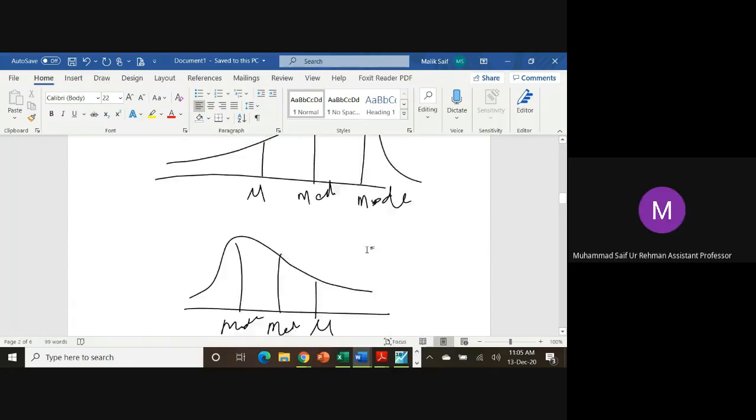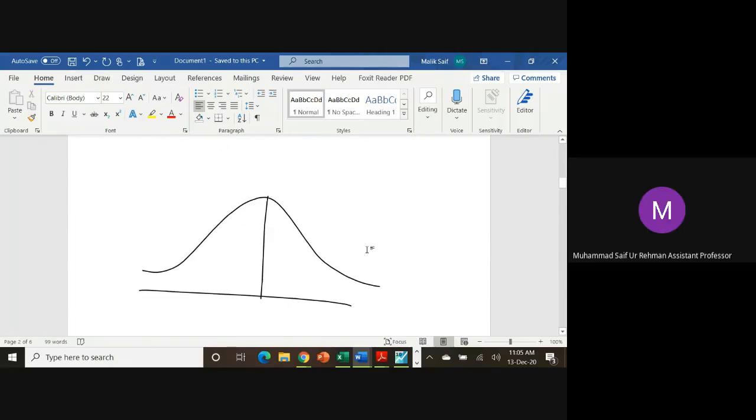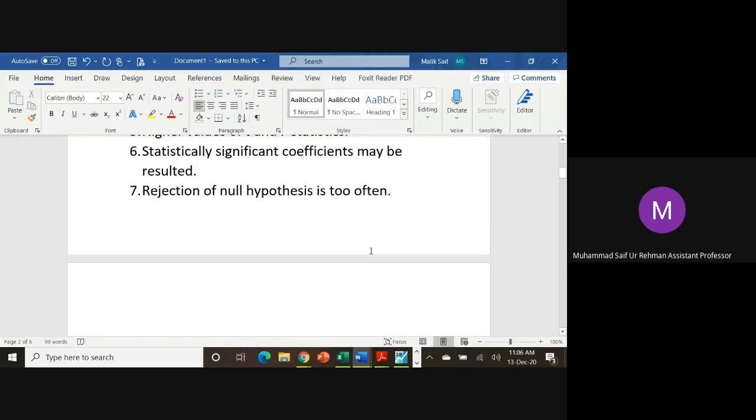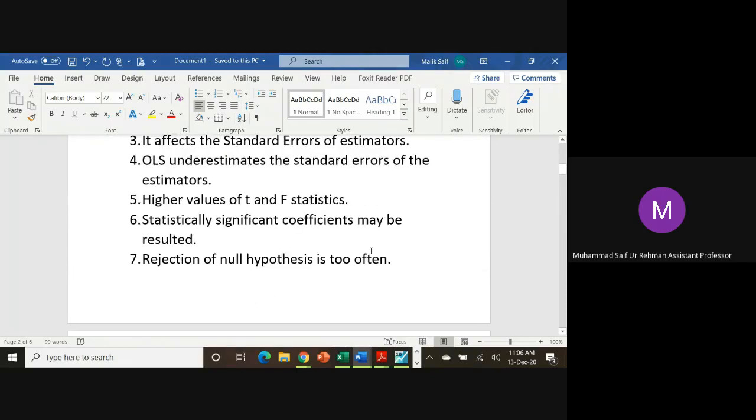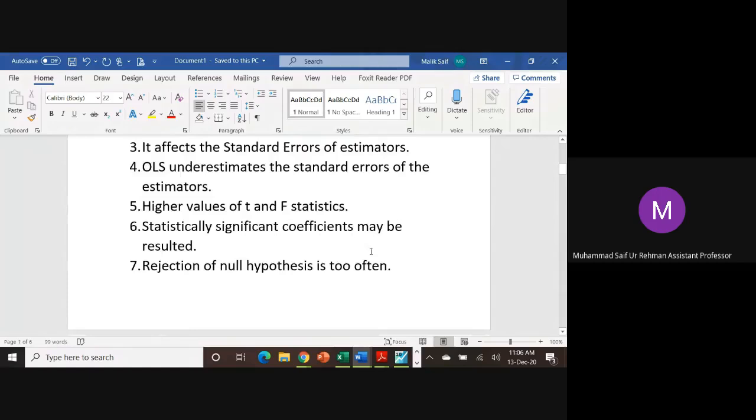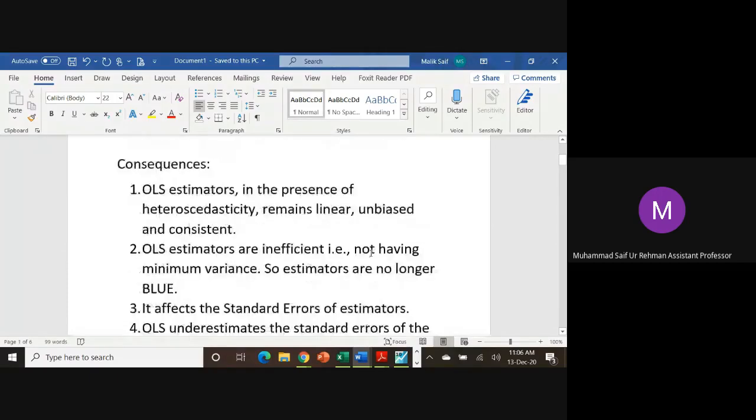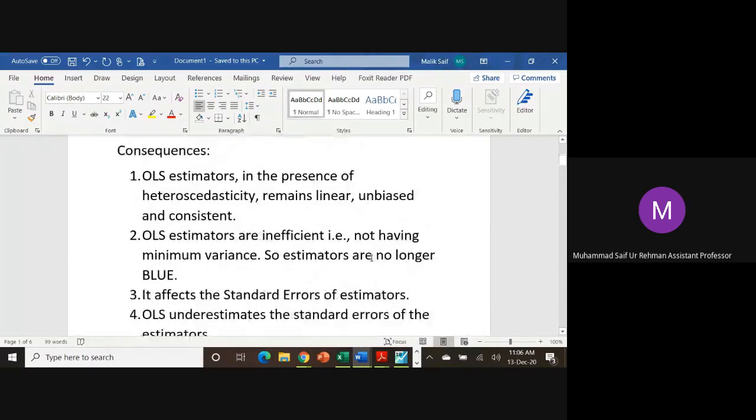Yes, there is a hell of a difference. Homogeneity and heterogeneity is something else, and heteroscedasticity and homoscedasticity is something else. Basically, in case of heteroscedasticity, the independent variables or regressors become correlated with the error term.